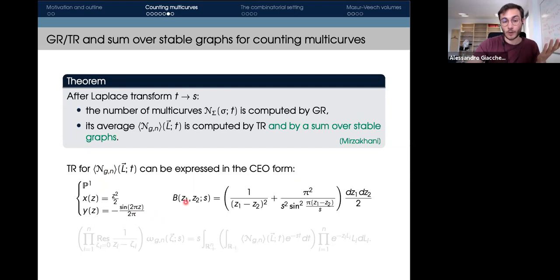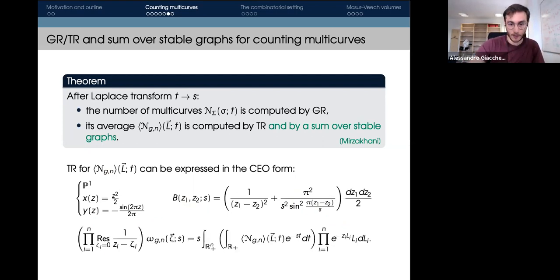And what you have to do is to modify B, the Bergman kernel, adding this 1 over sine squared behavior. And the precise relation between the two is that if you take basically the principal part of these differentials, you can get this average number of multicurves after Laplace transform in, well, the cutoff variable, the t, but also the boundary lengths.